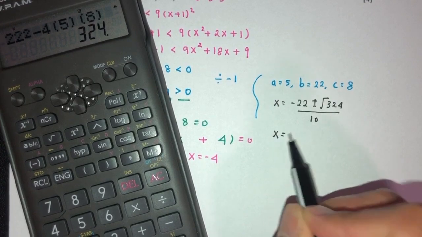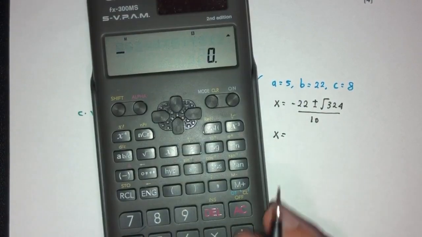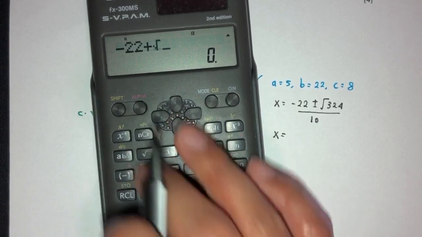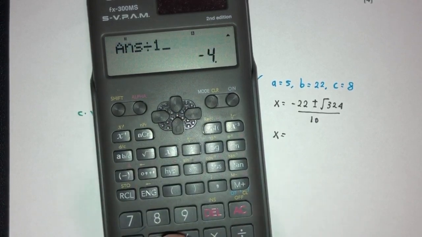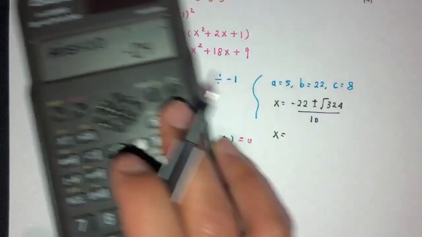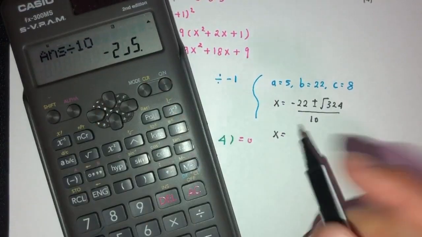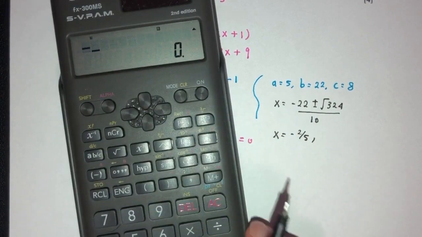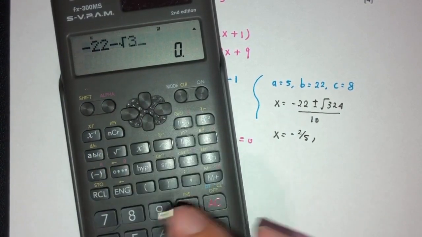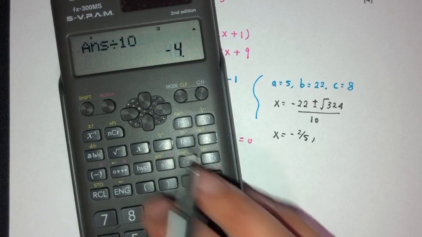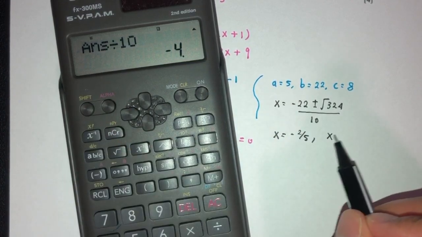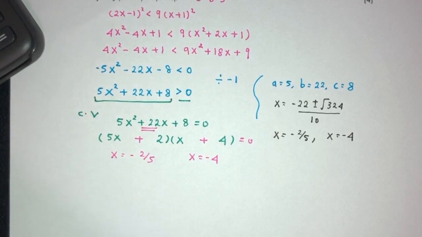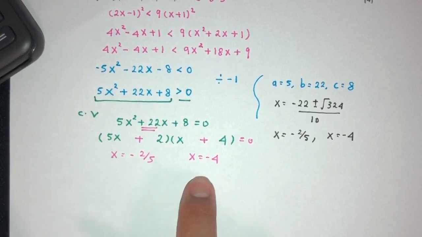So x will be minus 22 plus root of 324 divided by 10, which should be minus 0.4, which is minus 2 over 5. Or it could be minus 22 minus root of 324 divided by 10, which is minus 4. As you can see, either method will give you the same critical values at the end.